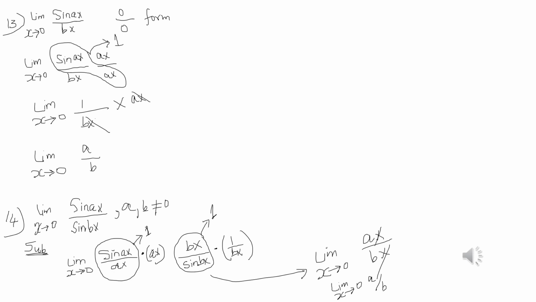I multiply and divide by ax for the sin ax part, and take 1 by sin bx separately, multiplying and dividing by bx. Then sin ax by ax is 1, and bx by sin bx is 1, so we get limit x approaches 0 of ax divided by bx, where x and x cancel, and the final answer is a by b.